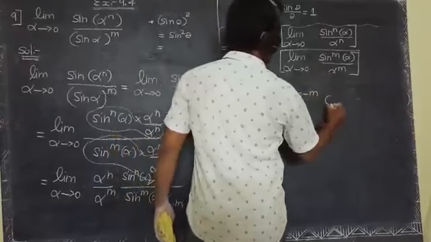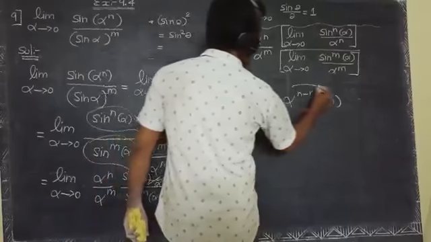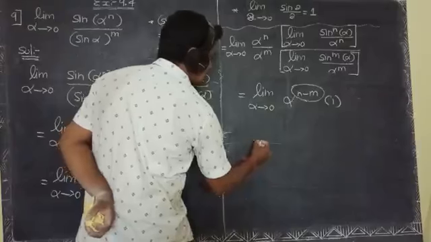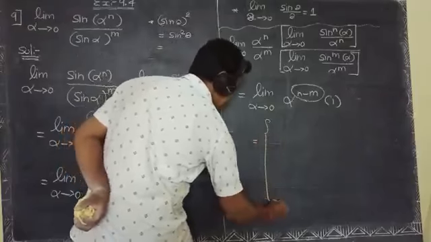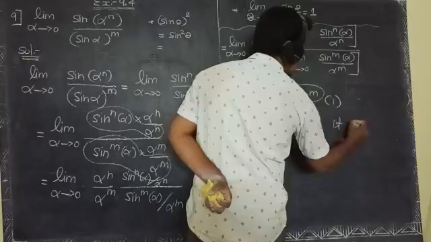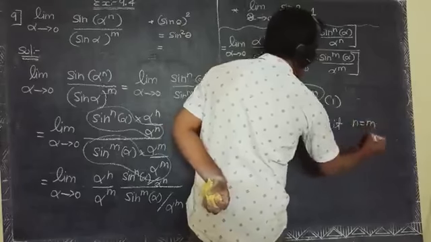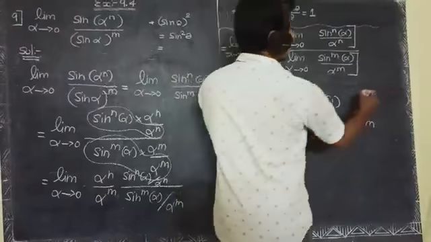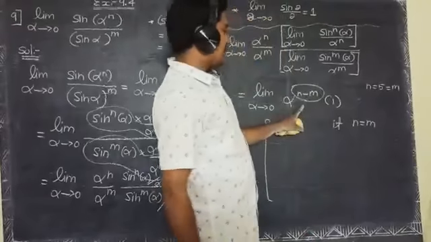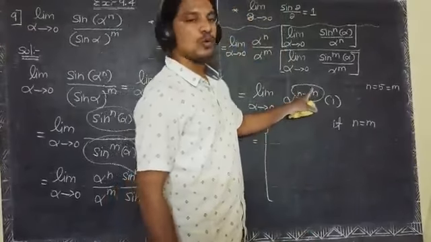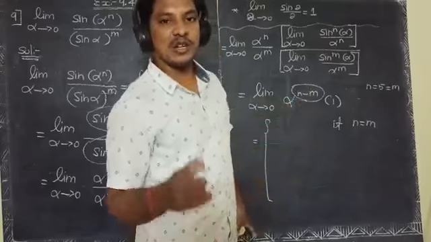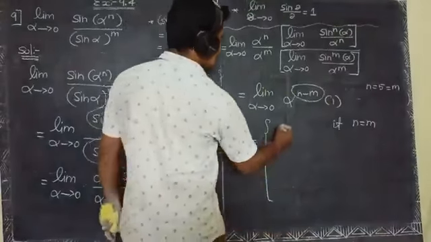Suppose n and m are equal, for example substitute n equal to 5 and m equal to 5. Then 5 minus 5 means alpha power 0, and alpha power 0 means the value is 1.